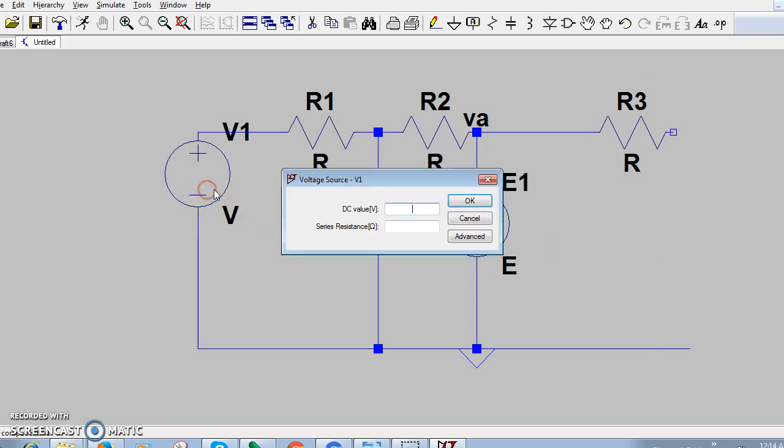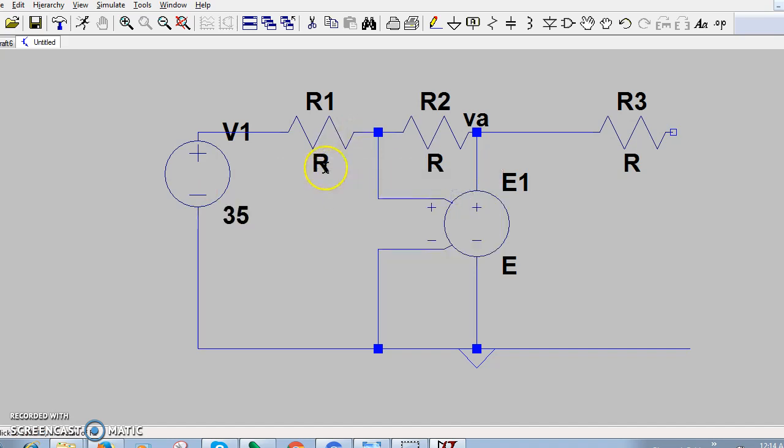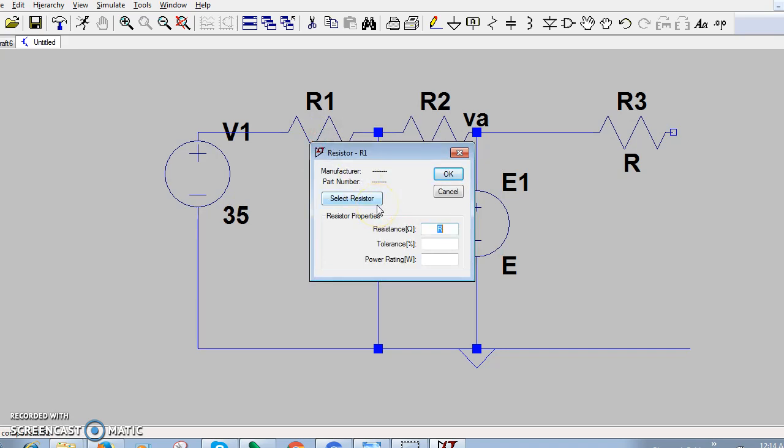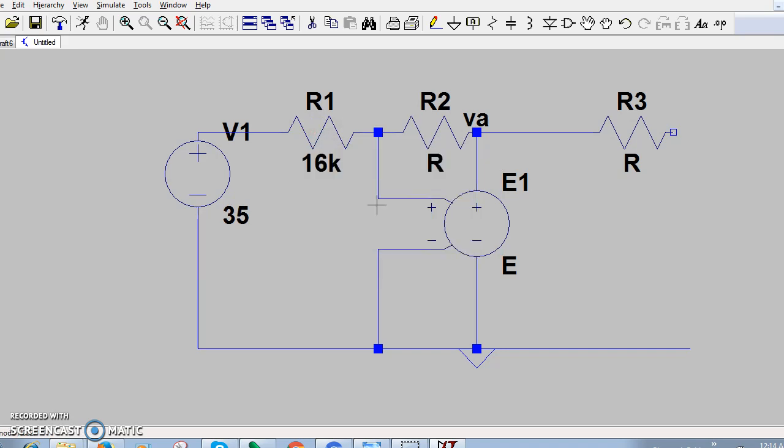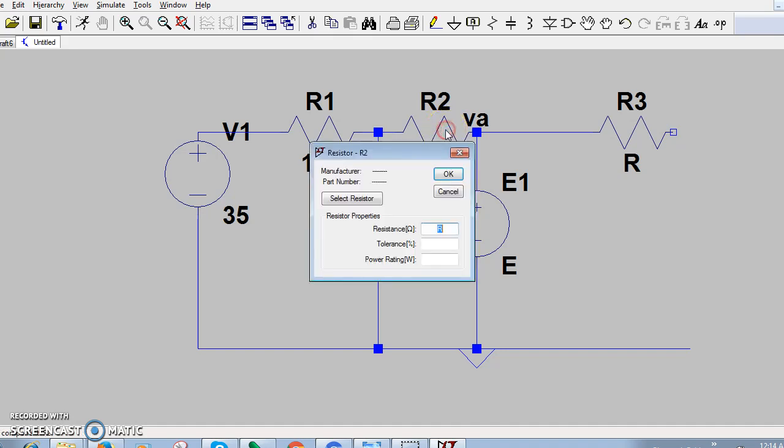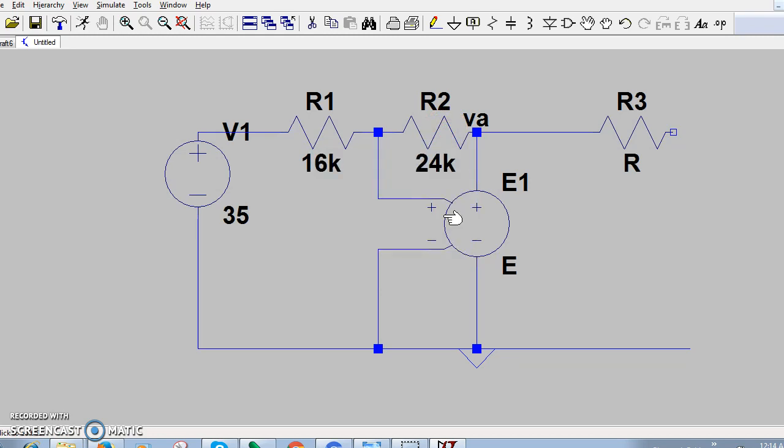So putting values, this is 35 volts. Okay, this is 16 kilo ohms. This is 24 kilo ohms.